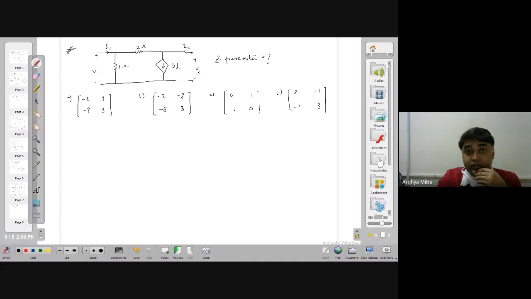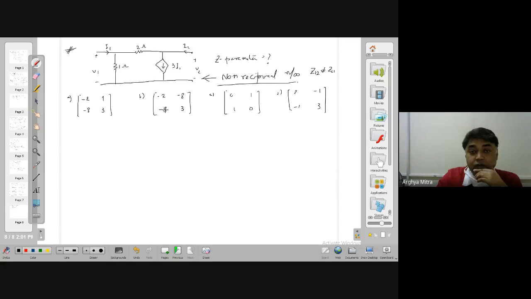It's not, because there is a dependent source. Whenever a dependent source is present in the network, it cannot be a reciprocal network. So this is a non-reciprocal network, which means Z12 must not be equal to Z21.